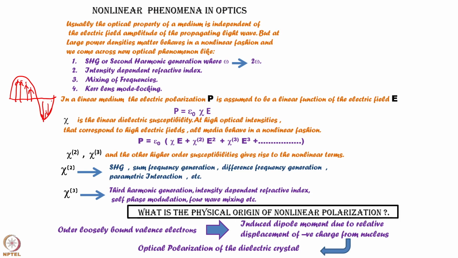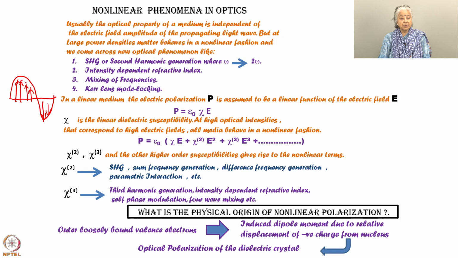Now, this is the electric field which creates havoc in the medium and gives rise to this nonlinear phenomena in optics. Okay. So, the electric field amplitude of the propagating light wave, as I have shown here, at large power densities makes matter behave in a nonlinear fashion.